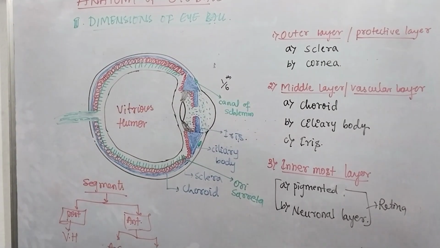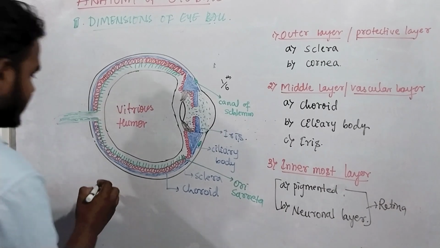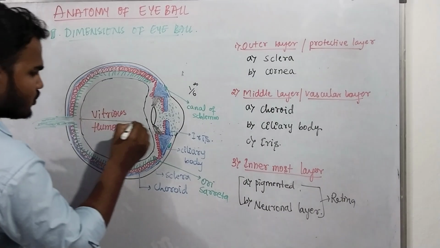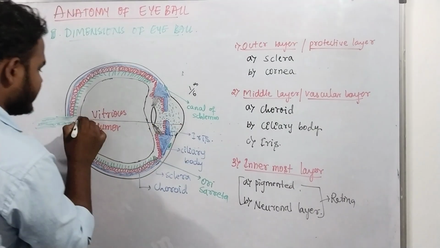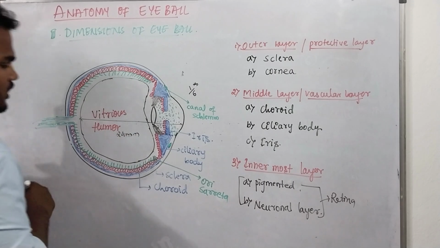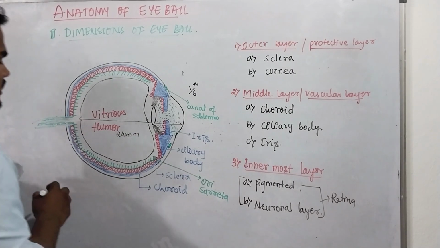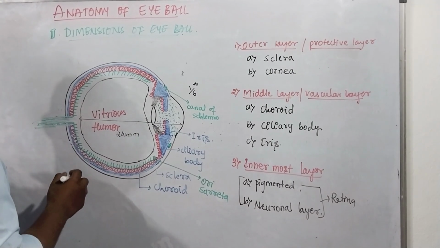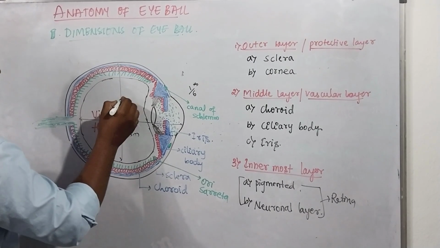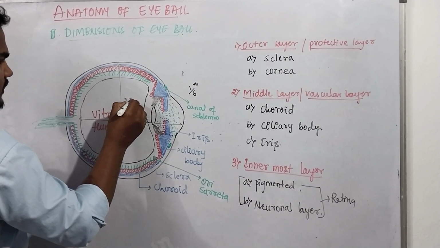The anteroposterior diameter is about 24 millimeter, and the height of the eyeball is 23 millimeter.